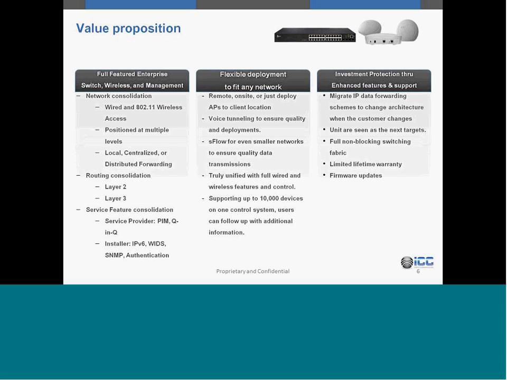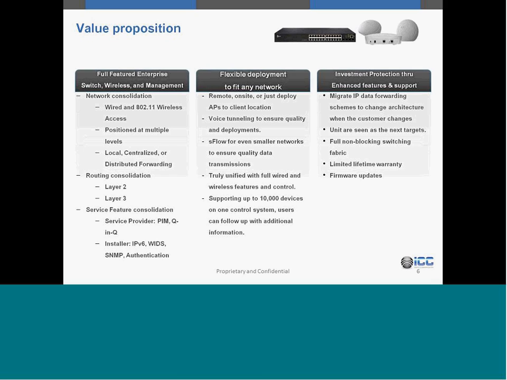The ability to support voice and other high priority data packets, such as video as well, ensures quality in deployments. Flow is part of the central patent that's afforded to ICC to ensure that we're able to monitor and see the network to ensure different levels of quality in data transmission as well.